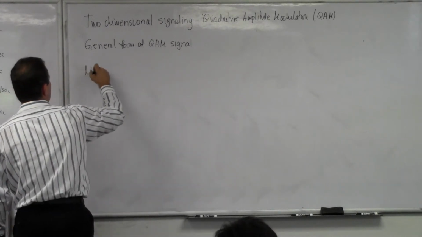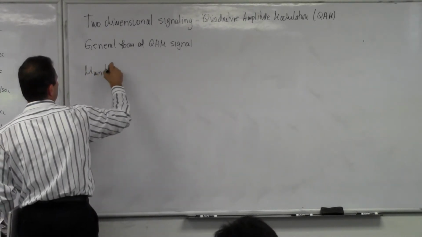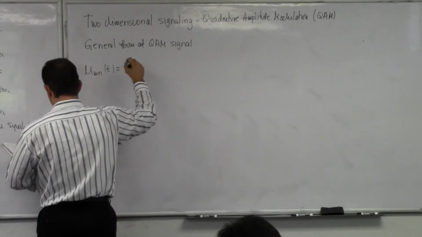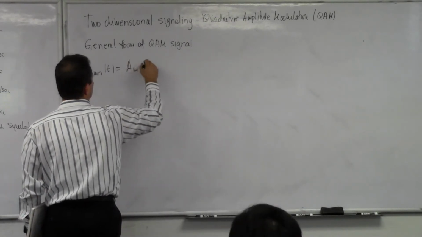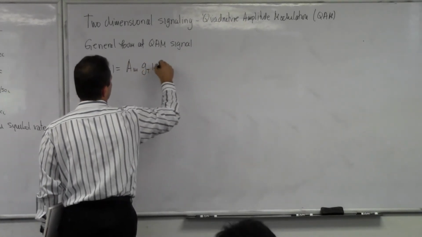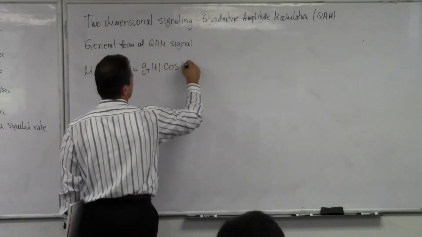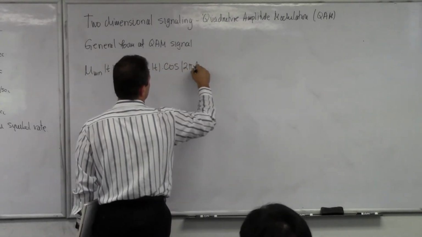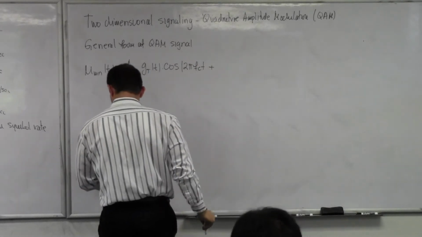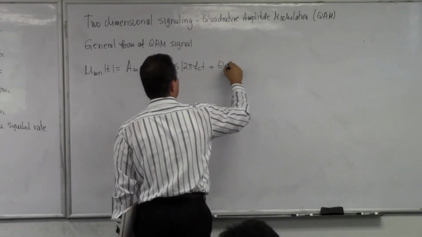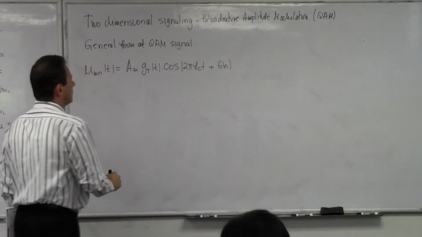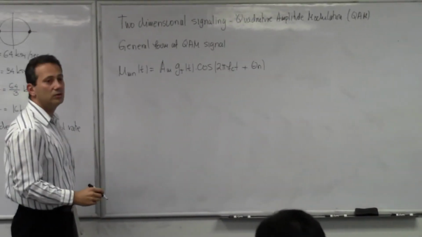U m n of t is going to be A_m g_T of t times cosine 2 pi f_c t plus theta n, right? So you can see that this signal is modulated in two domains.